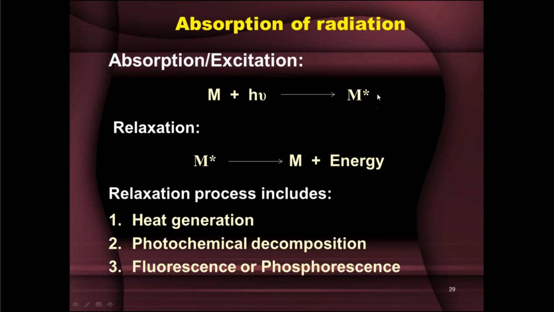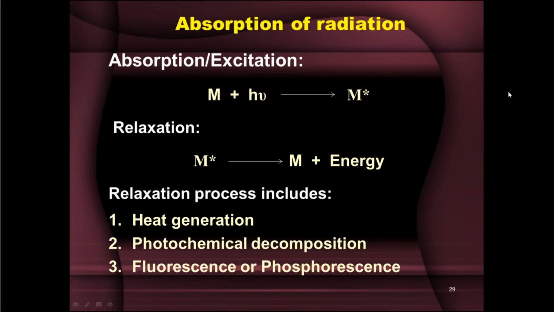M star is not a stable molecule because it possesses more energy than it normally does. And that's why M star immediately undergoes the process of relaxation, and it gives back M, releasing some energy. So this is the process of relaxation which follows immediately after absorption.